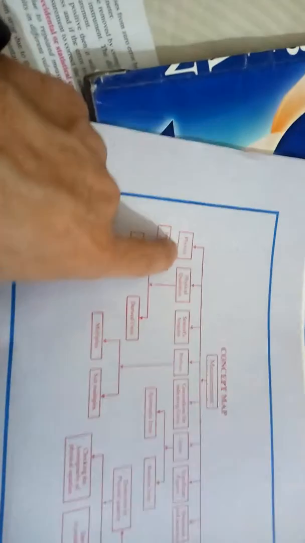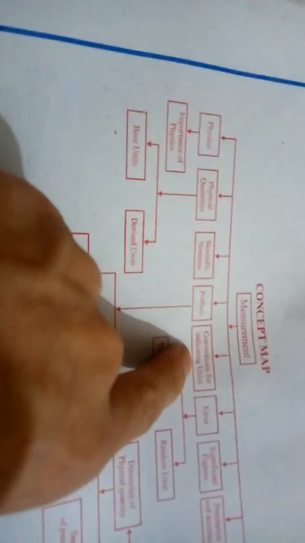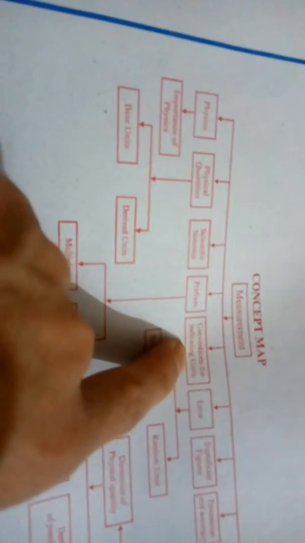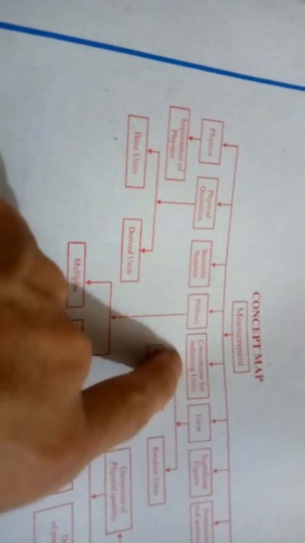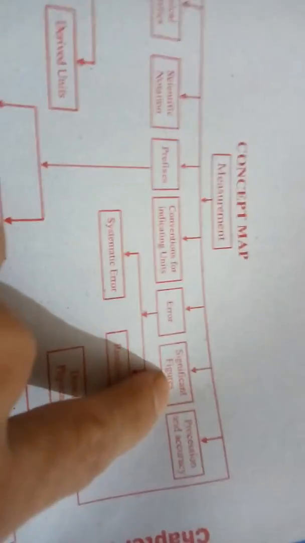We said physics, physical quantities, scientific notation, prefixes, conventions of indicating units, errors, significant figures, precision and accuracy, and all those.